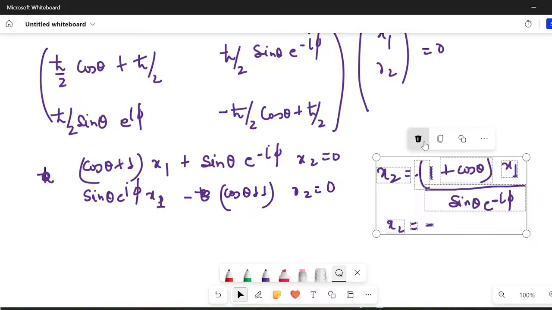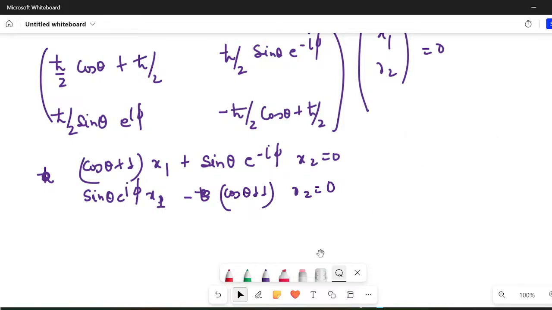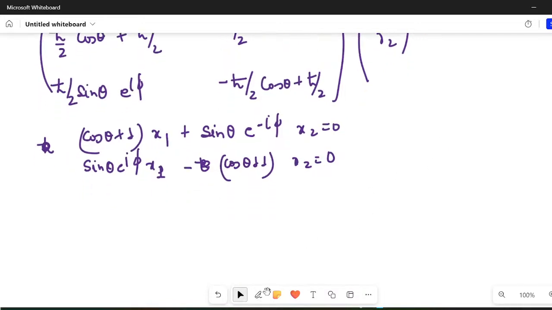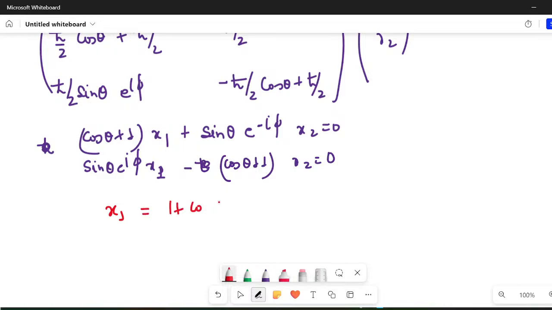Okay, and if I want to write what would be my x2, so let us try to find the x2 part. X2 can be written in terms of x1 only. So x1 is equal to 1 plus cos theta x2 divided by sine theta e to the power iota phi.